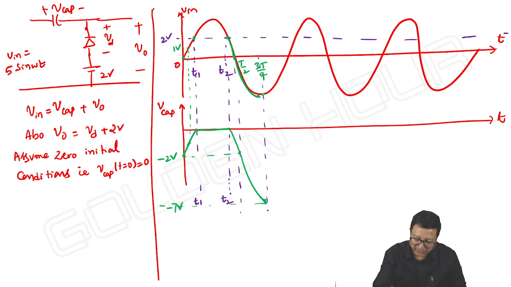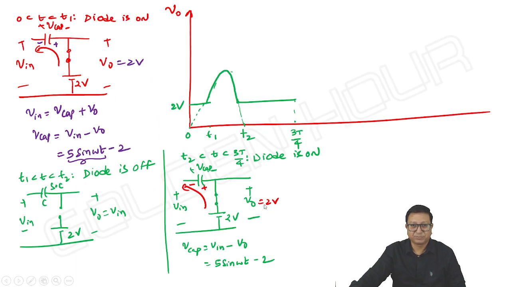So here to here it is 7 volts. Capacitor voltage falls up to minus 7 volts. Okay, so at t equal to 3T by 4, what is this value? Input is minus 5 and output is 2. Minus 5 minus 2, it is minus 7. During that time output is constant at 2 volts.